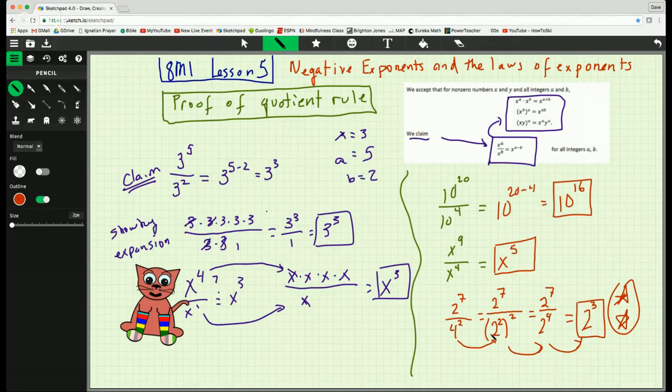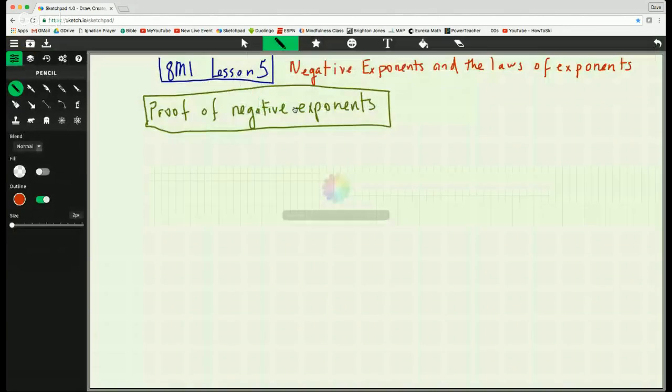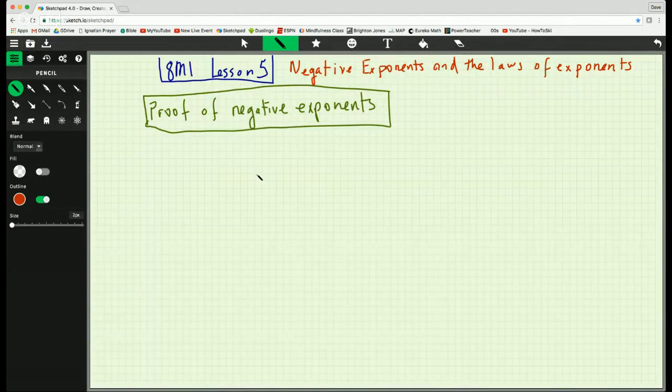We're going to move on to proving the law of negative exponents. So we're going to come to this guy here, and we're going to prove negative exponents. The rule is x to the negative n equals 1 over x to the n.